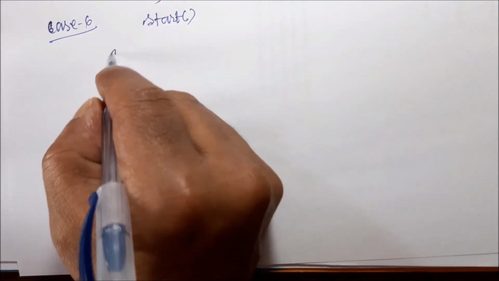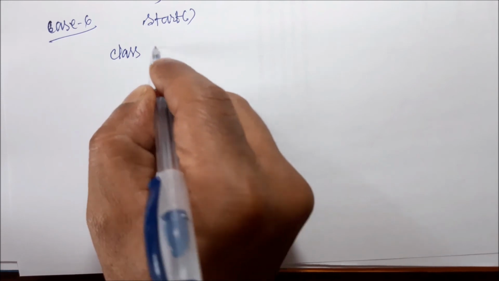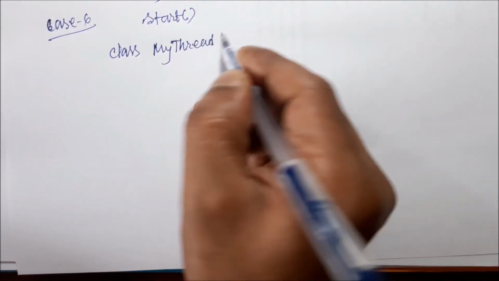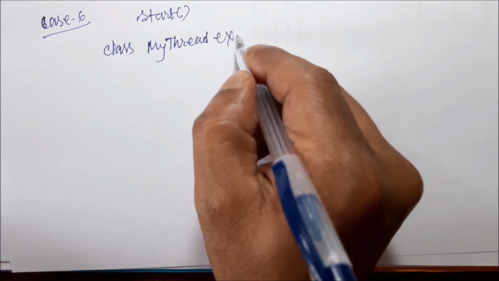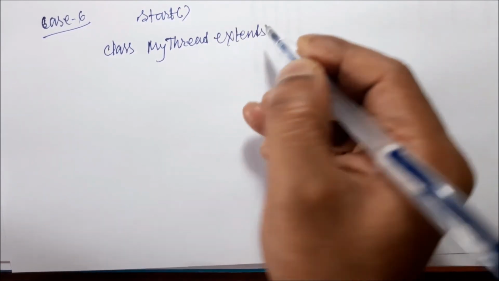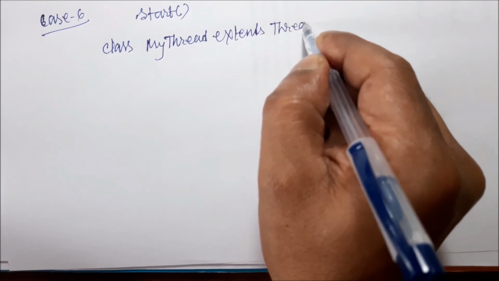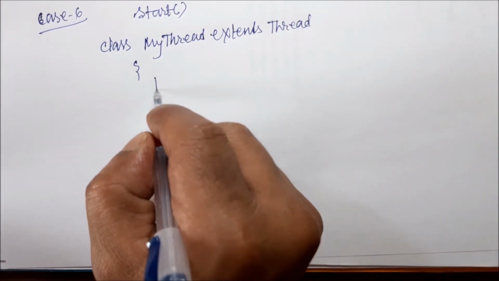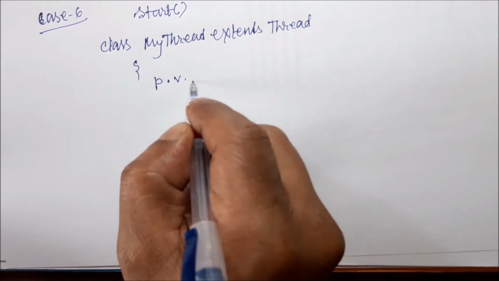So I am taking class MyThread extends Thread, and then we override public void start.